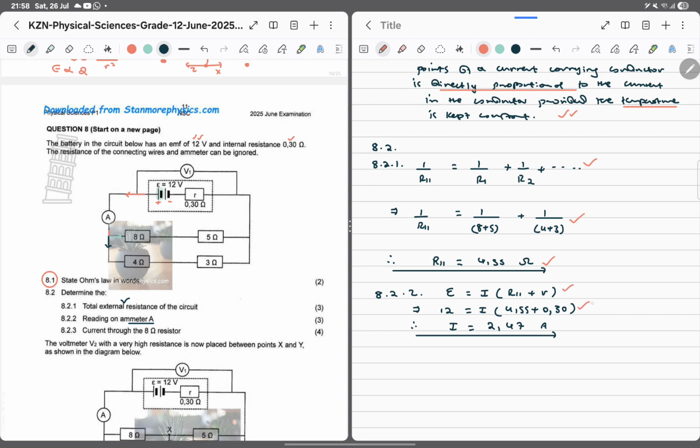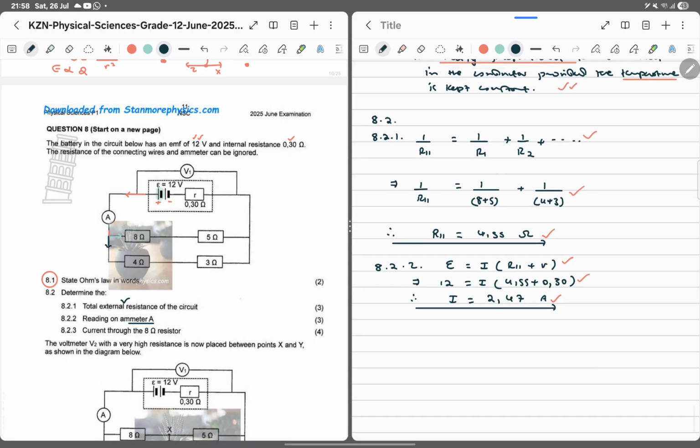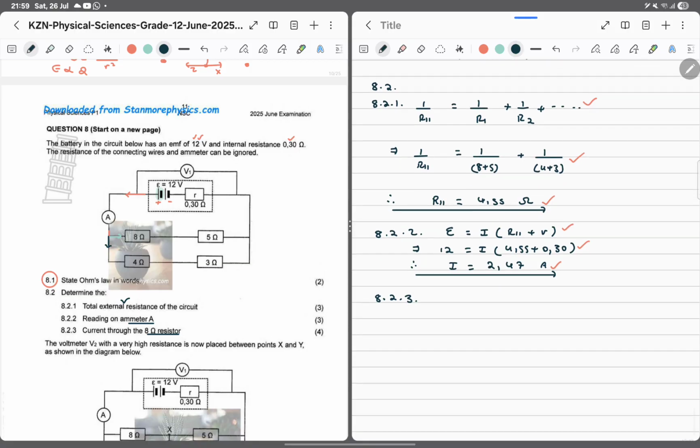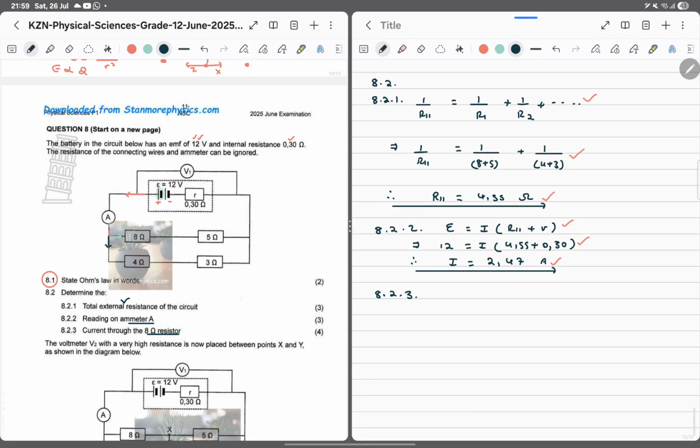Again, substitute this. The current through the 8 ohm resistor. Okay, so this is easy. We can do it in style or do it normally.